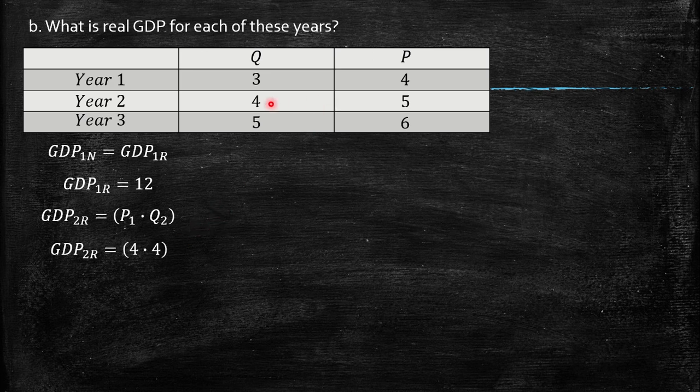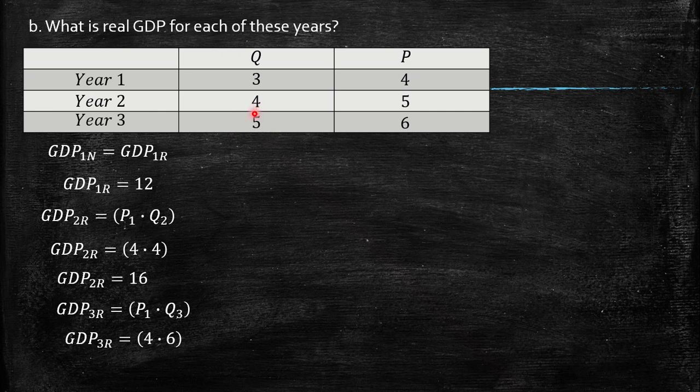So here we have 4, which is the price, times 5, which is the quantities, and then we have 16, and then price 1 times quantity, this one, so it should be 5, right? So here definitely it is a mistake, so it should be 4 times 5, so we have 20, right?